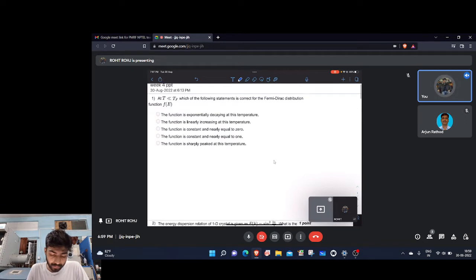So the first question is: at temperatures very small compared to the Fermi temperature, which of the following statements is correct for the Fermi-Dirac distribution function?